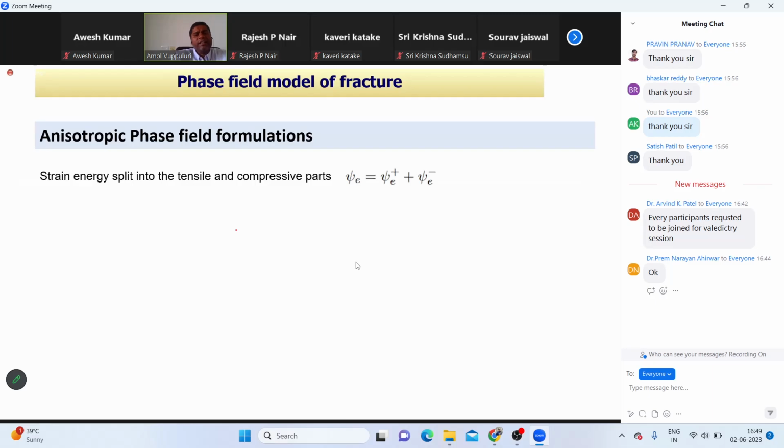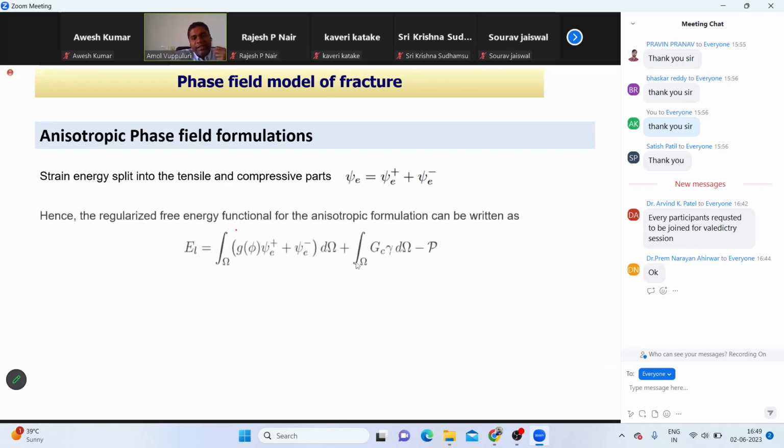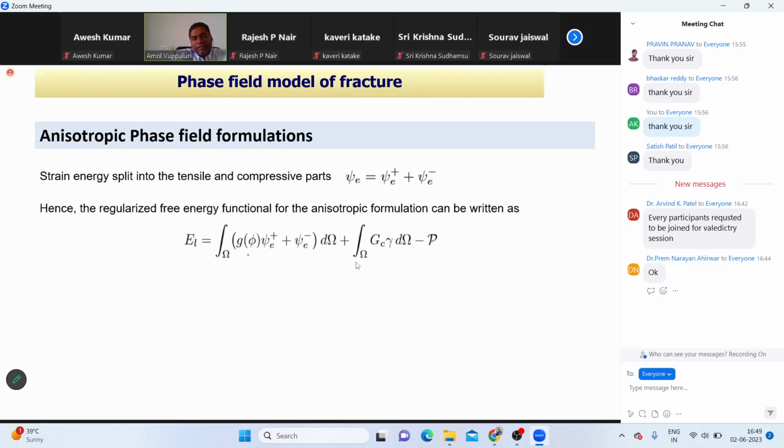The solution is that let's take the strain energy and break it into two parts: the tensile component, strain energy coming from the tensile part of the load, and strain energy coming from the compression part. Wherever there is tension, this tension is going to cause the opening of the crack. So the degradation will only be associated with the strain energy coming from the tension load. Okay. So slight tweaking has been done while writing the potential energy of the system.